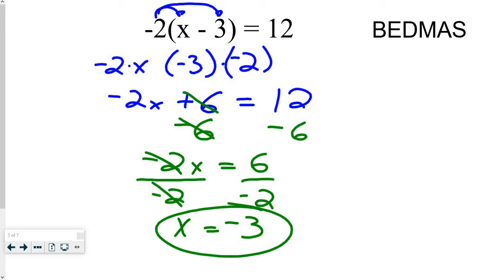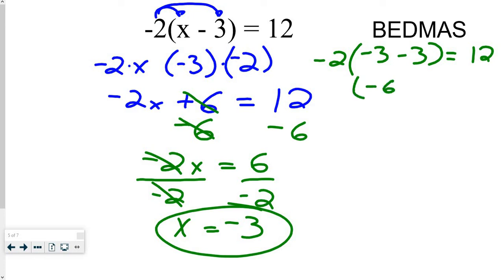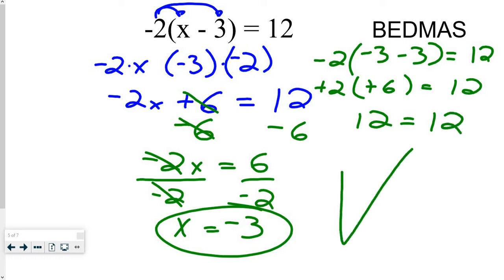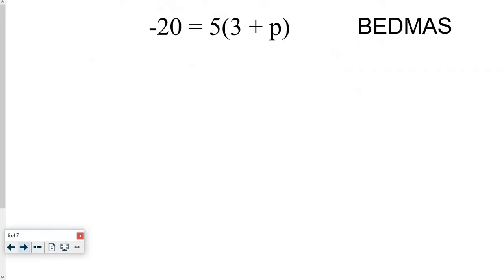To double check, negative 2 times negative 3 minus 3 equals 12. Minus 3, negative 3, that's negative 6, times negative 2 equals 12. Those turn into positives. 12 equals 12. Two negatives equal a positive, so we need to remember that. So we are correct. That's a check mark.